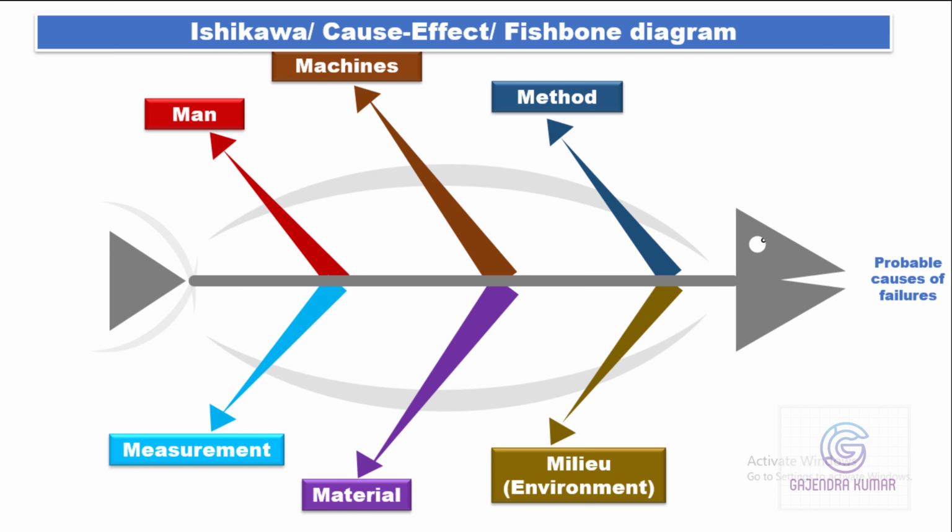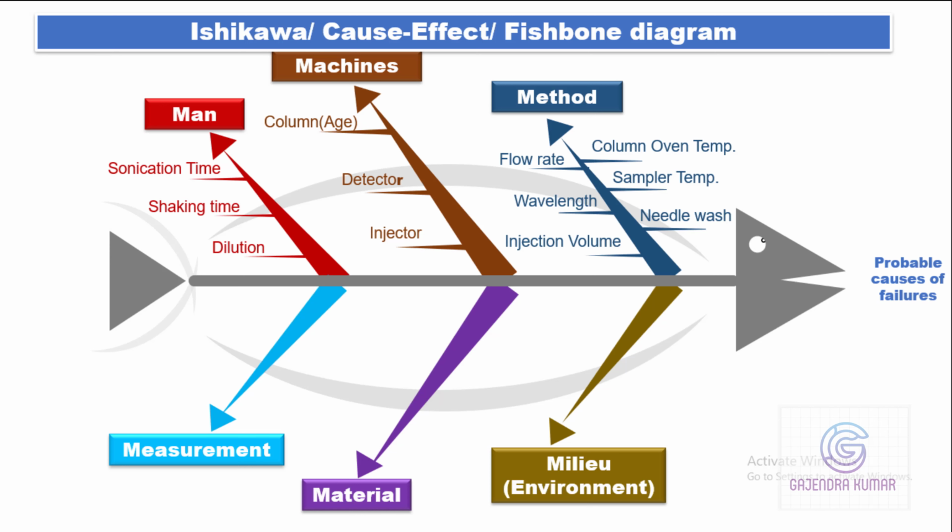What are the causes related to man that can impact the outcome of the analysis? Sonication, shaking and dilution. Machine: the age of the column, detector, injector can impact the outcome. With respect to the method, flow rate, column oven temperature, wavelength, injection volume, sample temperature and needle wash can impact your outcome.